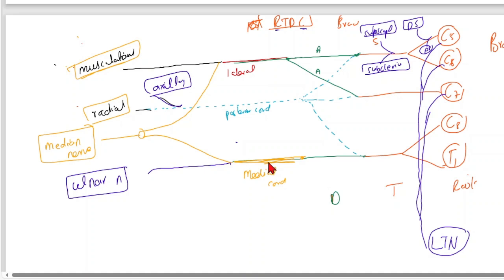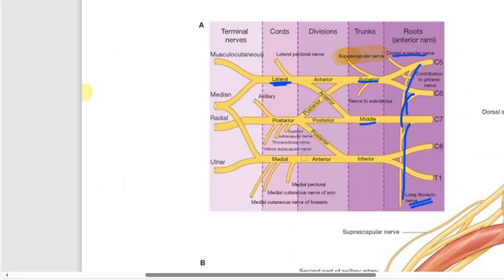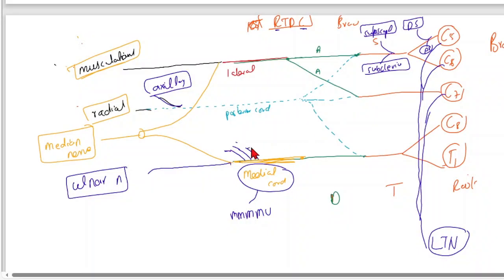From the medial cord, along with the medial, you have to understand the mnemonic M M M M U. From the medial cord, many nerves arise, okay. One is the medial cutaneous nerve of forearm, medial cutaneous nerve of arm, medial pectoral nerve.